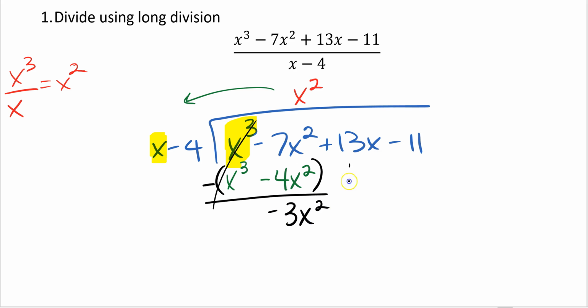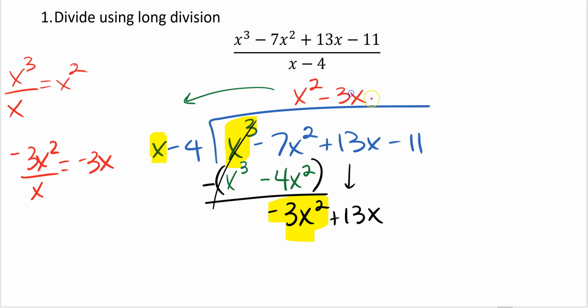And then I'm going to bring down plus 13x. And now I'm going to divide the leading term here by the leading term in the divisor. So negative 3x squared divided by x equals negative 3x. So that's going to be the next term in the quotient.